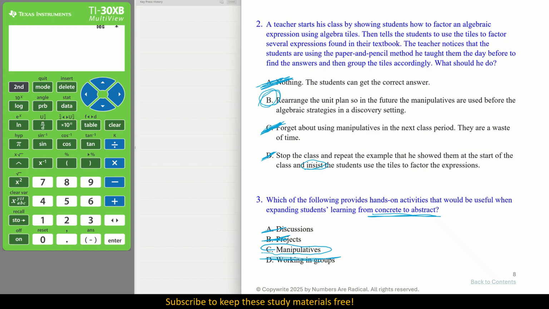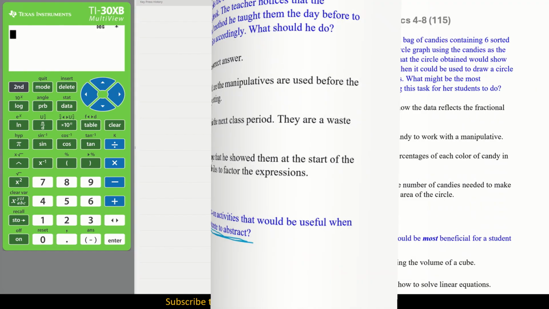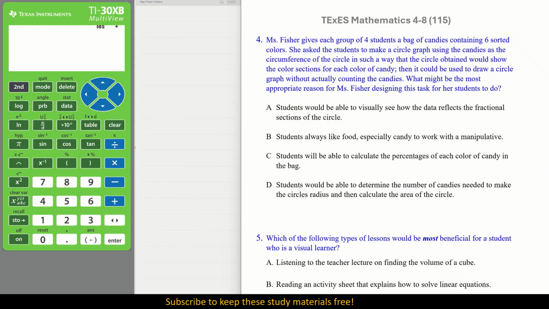Okay, let's go to number 4. Ms. Fisher gives each group of 4 students a bag of candies containing 6 sorted colors. She asks the students to make a circle graph using the candies as the circumference of the circle in such a way that the circle obtained would show the color sections for each color of candy.